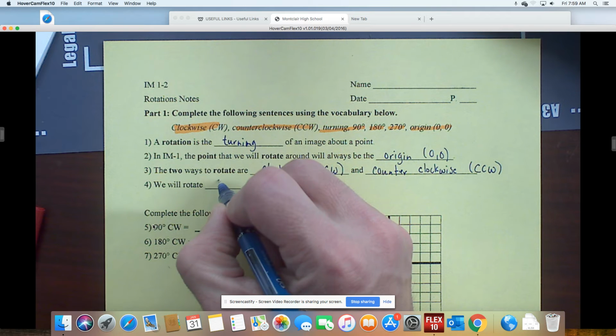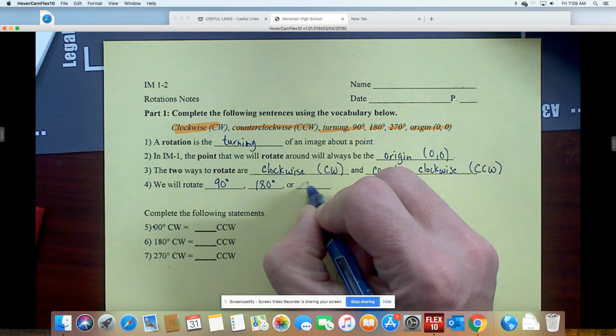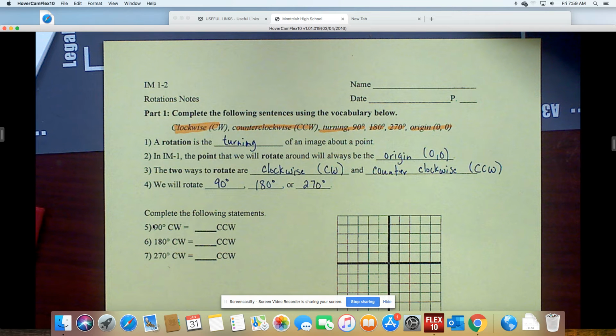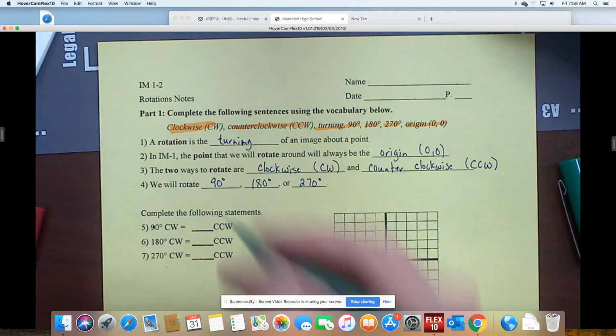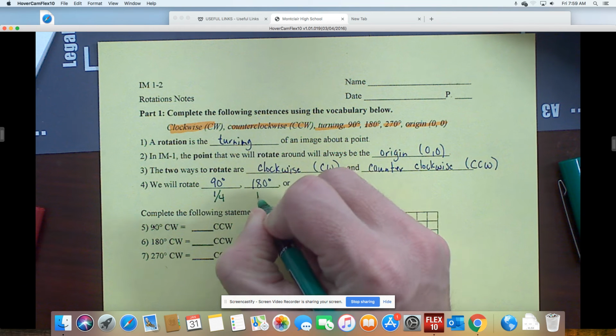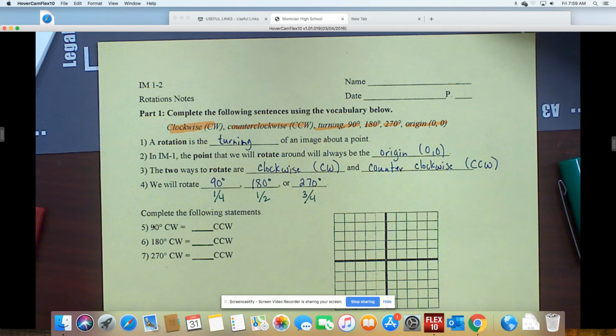We will rotate 90 degrees, 180 degrees, or 270 degrees. Those are the three options. 90 degrees, use a different color. 90 degrees is a quarter of a turn. 180 degrees would be a half turn. 270 degrees would be 3/4 of a turn.